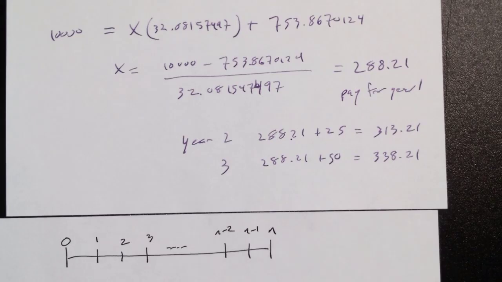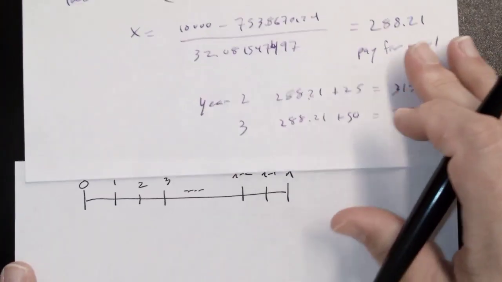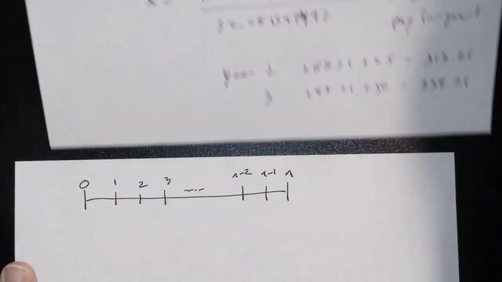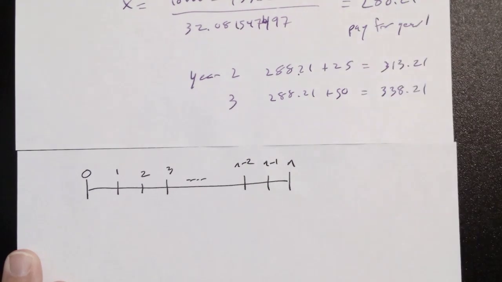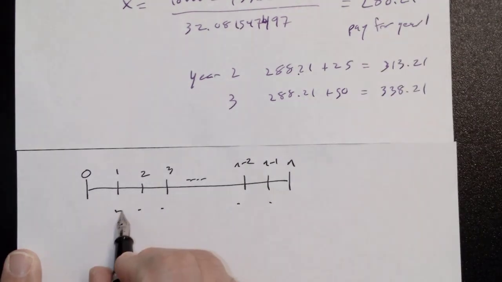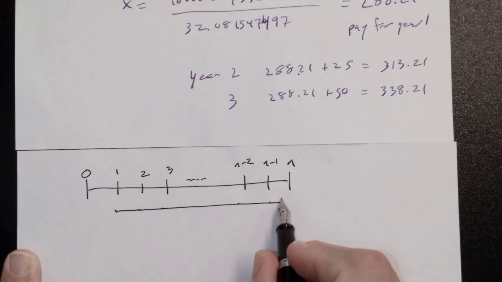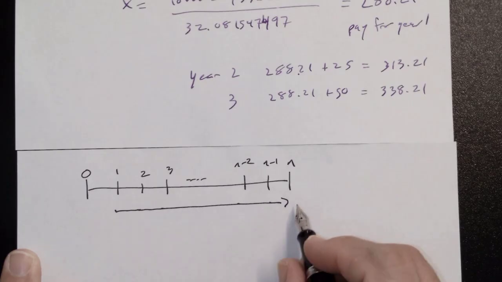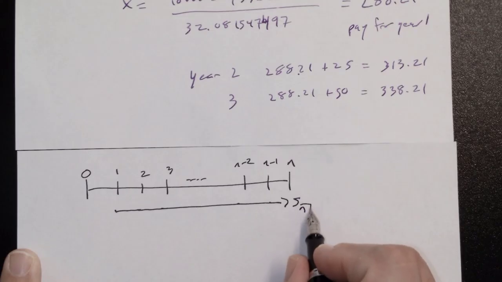Here's a timeline going from time 0 to time n. Whatever my deposits are, when I think of bringing those deposits forward to here, that's S sub n angle i.